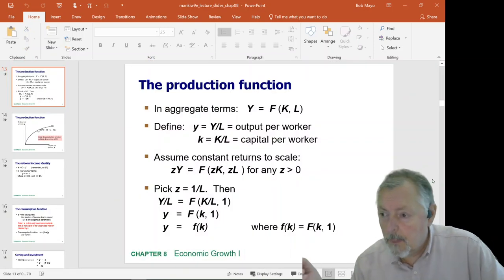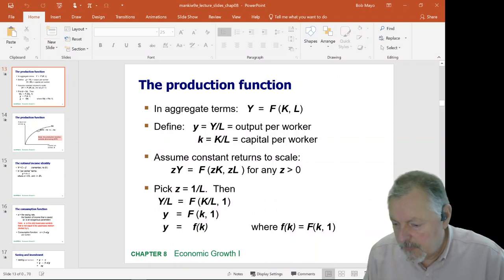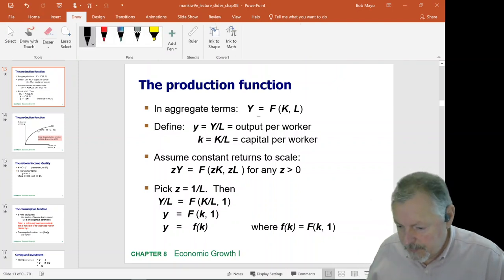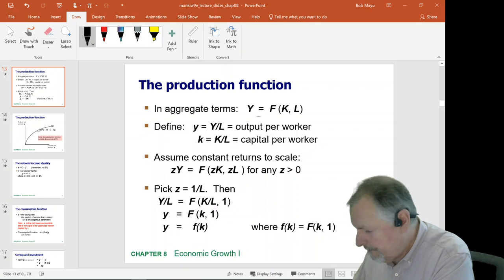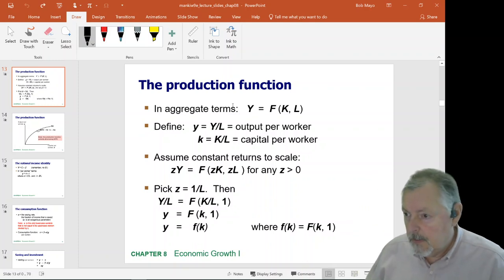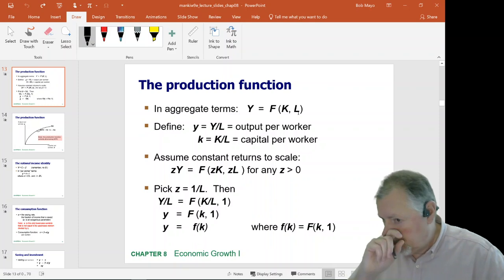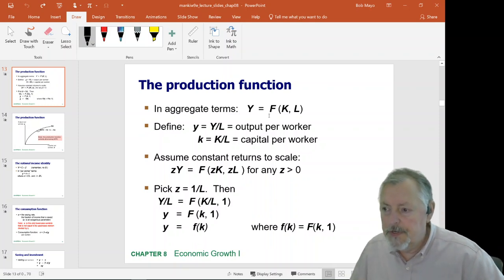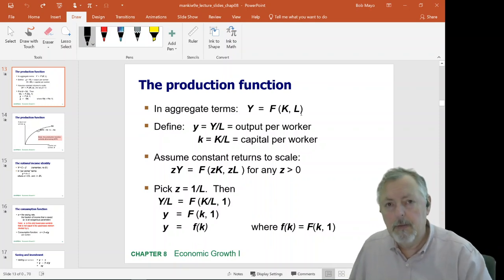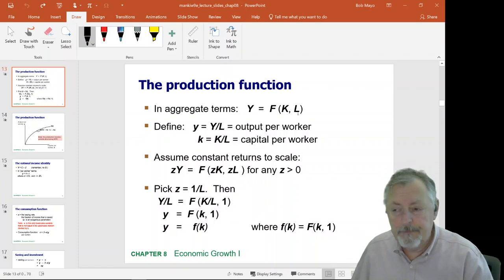Output. We know that's a function of capital and labor in the previous model. But here, we're dividing through everything by the units of labor.